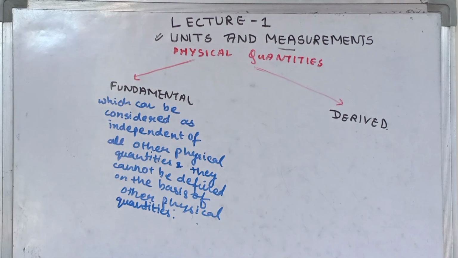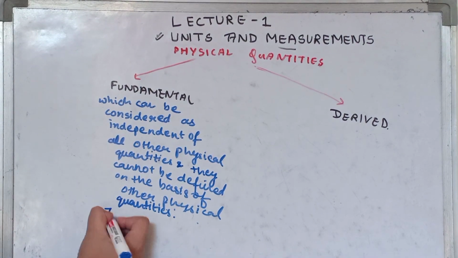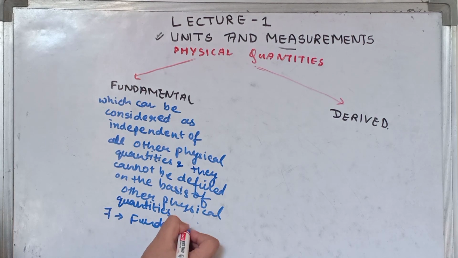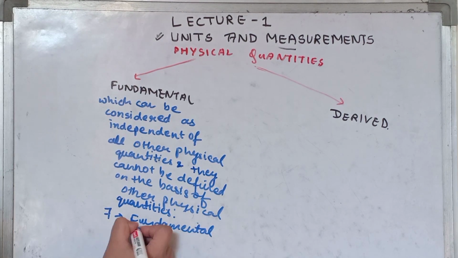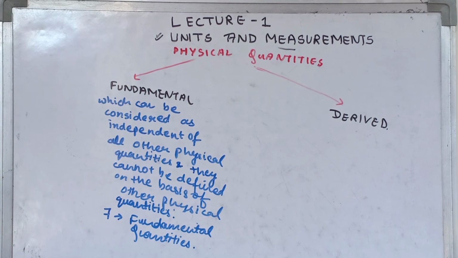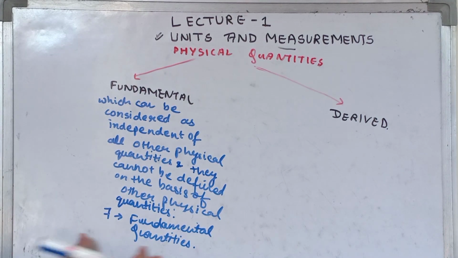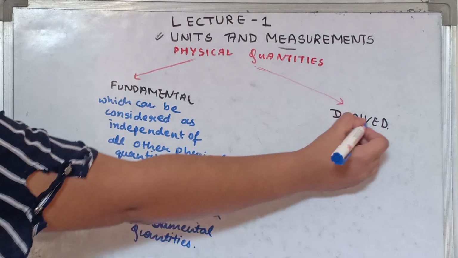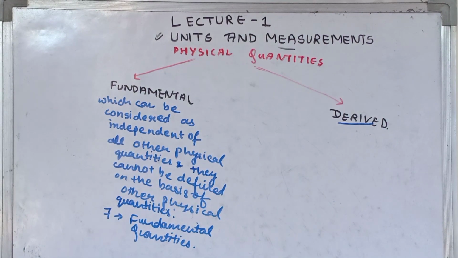Now, basically there are 7 fundamental quantities. What are those? I'll tell you. Firstly, we'll define what derived physical quantities are. All the physical quantities except these 7 fundamental quantities are known as derived physical quantities.